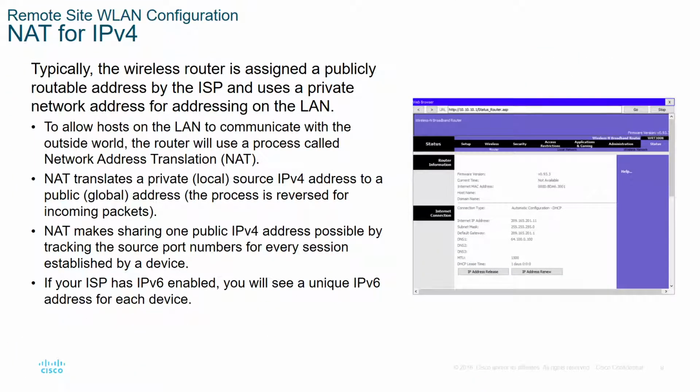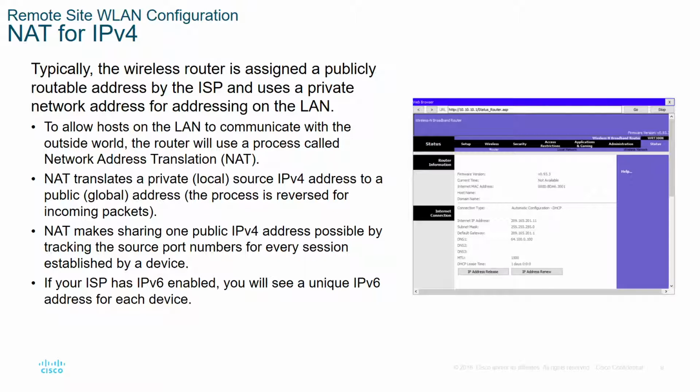NAT for IP version 4. Typically, the wireless router is assigned a publicly routable address by the ISP and uses a private network address for addressing on the LAN. To allow hosts on the LAN to communicate with the outside world, the router will use a process called network address translation, or NAT. NAT translates a private local source IP version 4 address to a public global address.